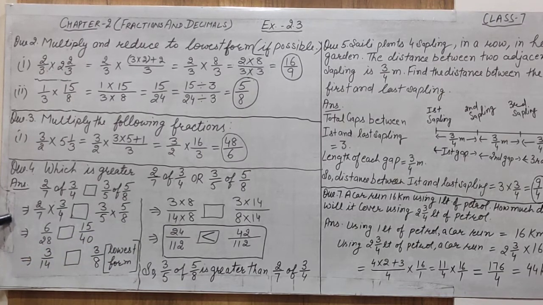Now again use the method of multiplying a fractional number with a fractional number: numerators are multiplied with each other and denominators are multiplied with each other. So 2 multiplied by 3 is 6, and 7 multiplied by 4 is 28. This is the first term; after multiplication it gives us 6 by 28.